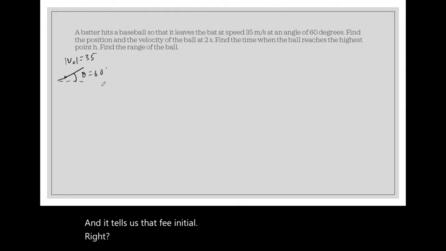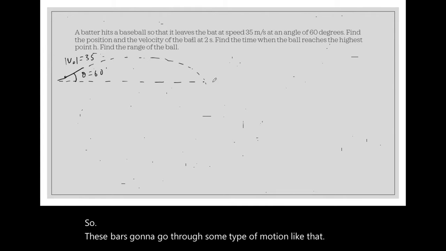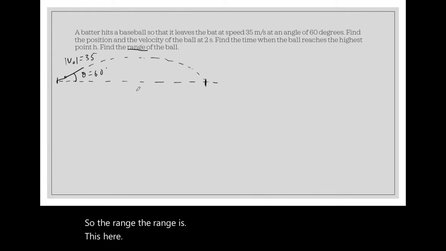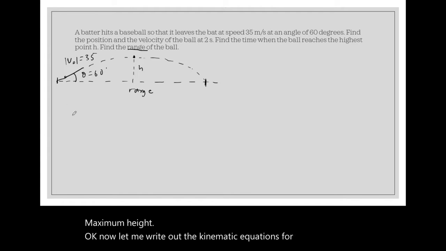So this ball is gonna go through some type of motion like that. And so the range is this here on the bottom. That's the range. This here is H, which is its maximum height. Okay, so now let me write out the kinematic equations for the x and the y direction.